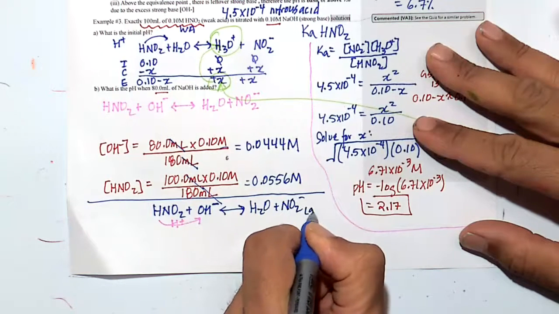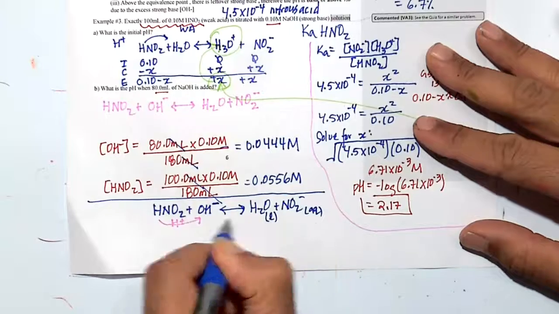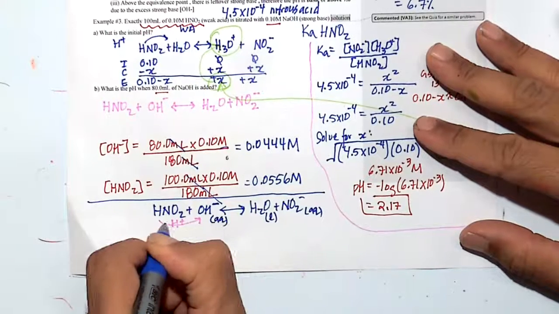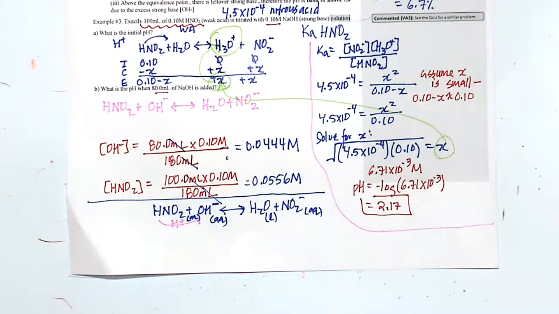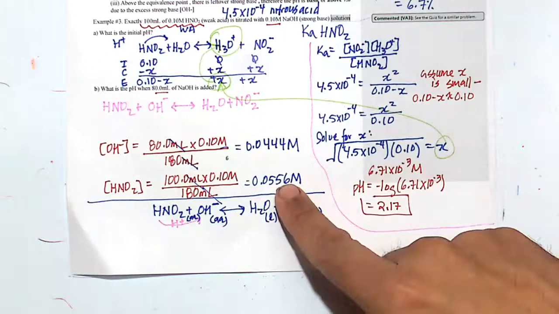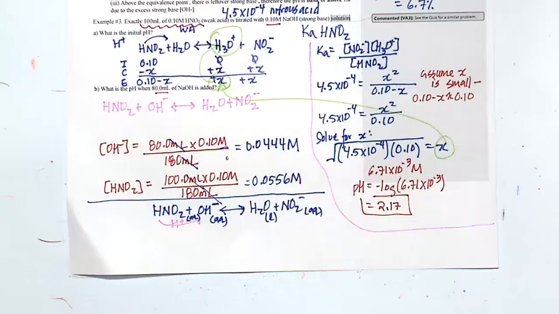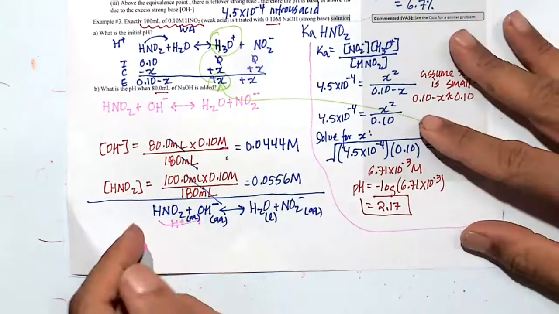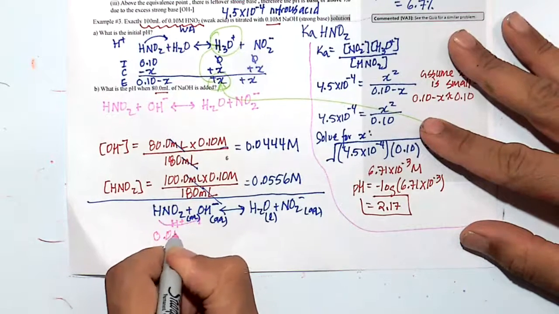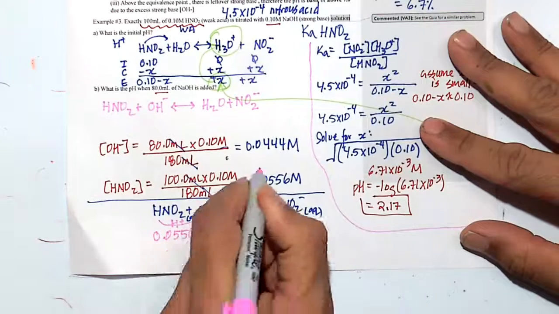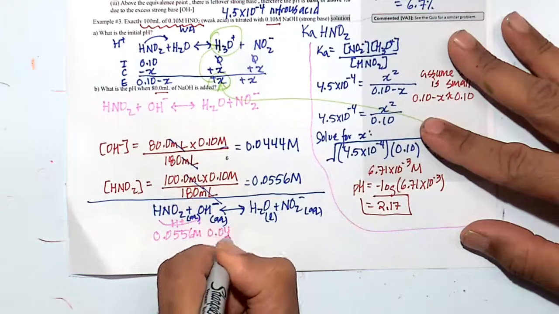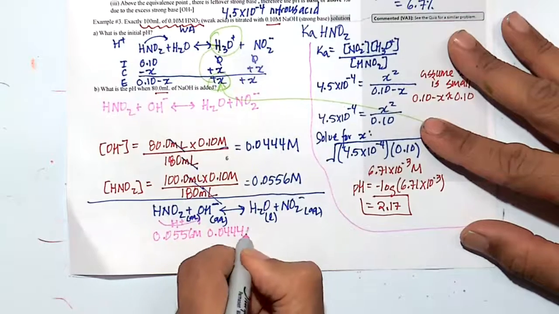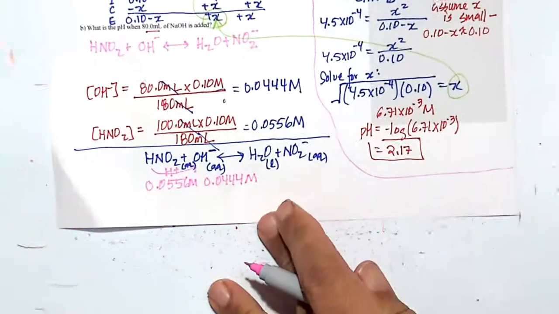And this is all happening in water. Water is a liquid, all of this is happening in the solvent of water. All right, HNO2, after mixing, we have a concentration of 0.0556. And here, OH minus, we have a concentration of 0.044 M. Okay, kind of setting up our ice table here.